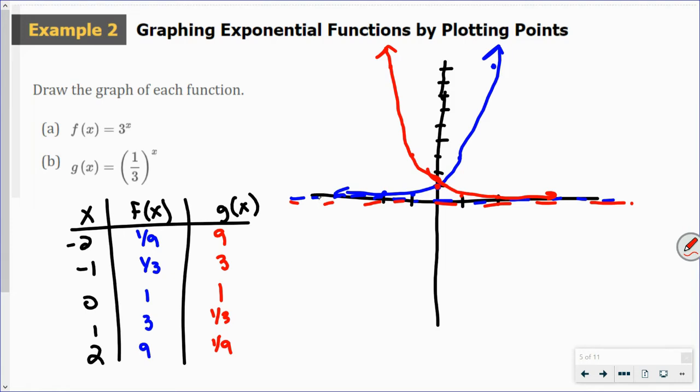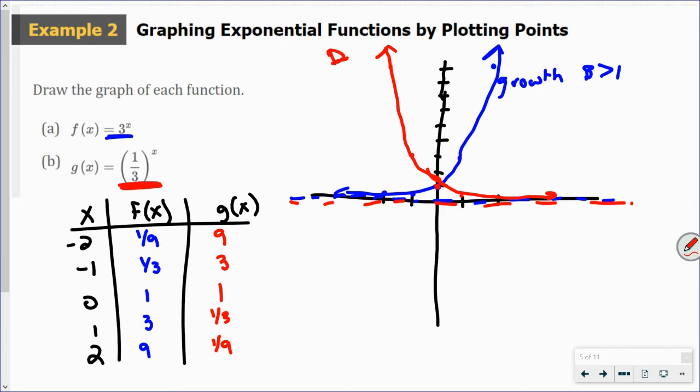Okay, so this red one was a decay, and this blue one was a growth based on that number. So growth will be a b value greater than 1.